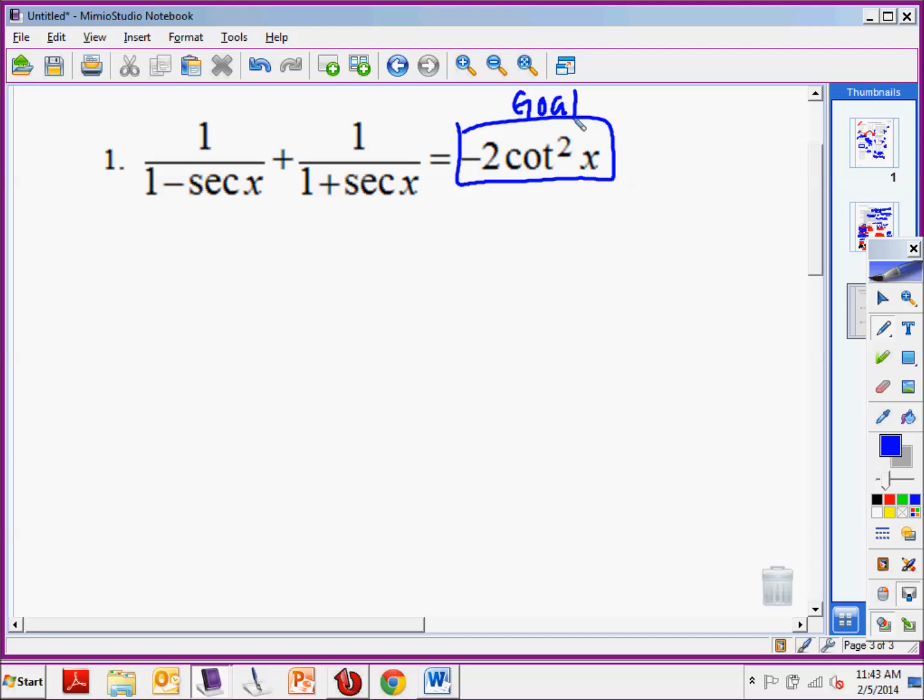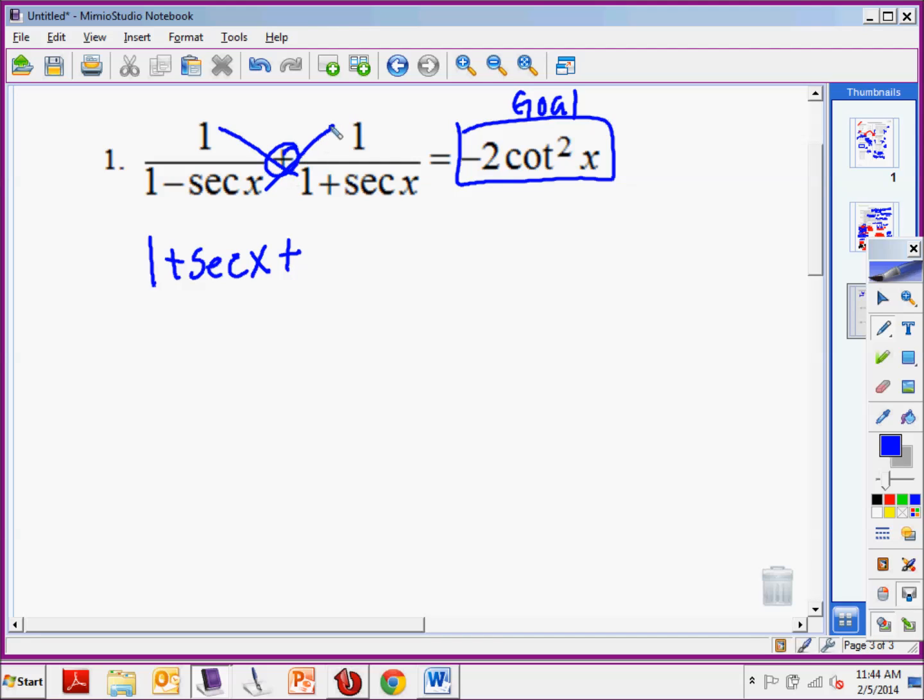Okay? Step 2, now let's look at algebraic. First algebraic we should look at is common denominator. How do we get a common denominator? All right, so my first chopstick: 1 times 1 plus secant. 2 plus secant squared. 1 plus secant, 1 plus secant, because anything times 1 is itself.